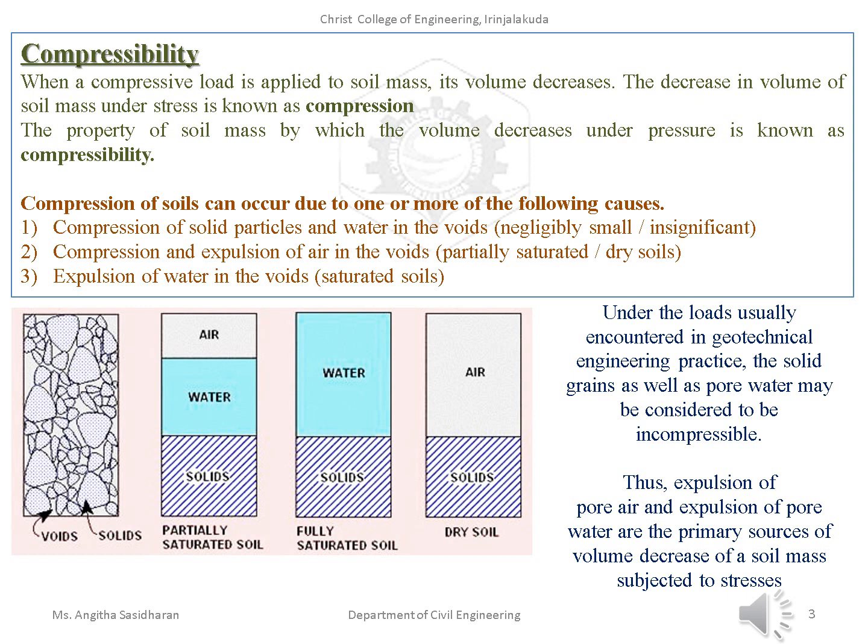And a third way is expulsion of water in the voids, and that is the only way for saturated soils. We can expel the water in the voids and make the soil compress. So the expulsion of air and expulsion of water in the soil mass are the primary sources of decreasing the volume, or the primary sources of compressing the soil mass.